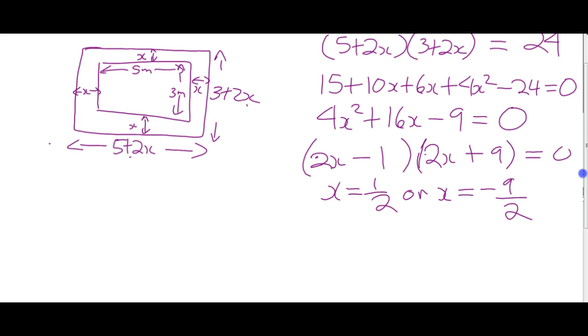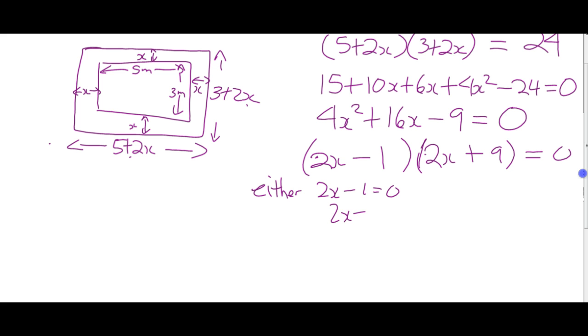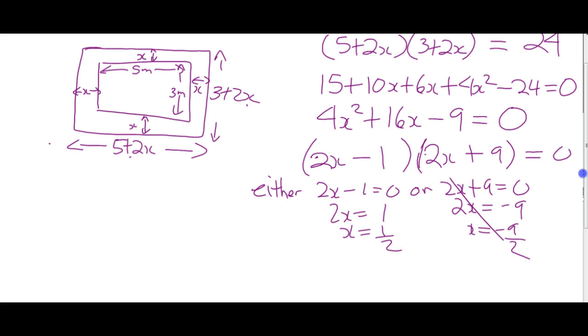Do you want to see where the x equals a half? I don't mind showing it. So either 2x minus 1 is equal to 0, so 2x equals 1 and x is 1/2, or 2x plus 9 is equal to 0, so 2x is negative 9 and x equals negative 9/2.